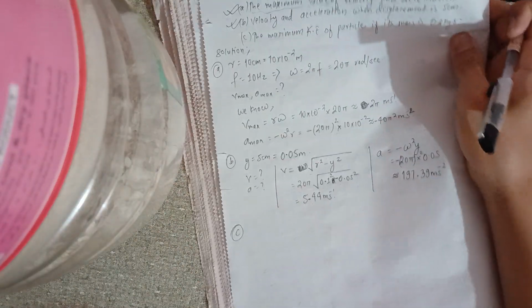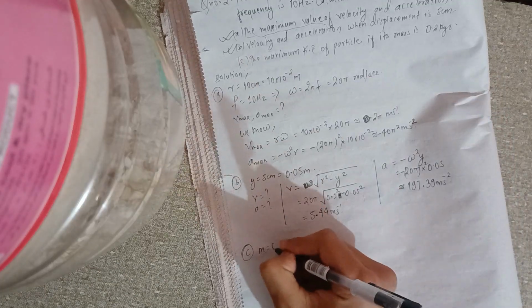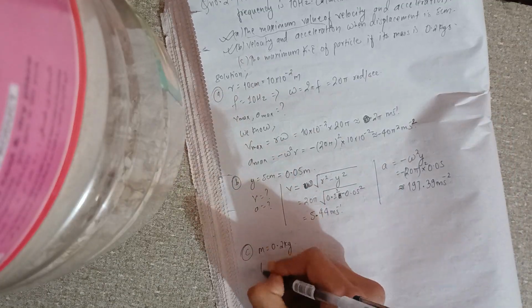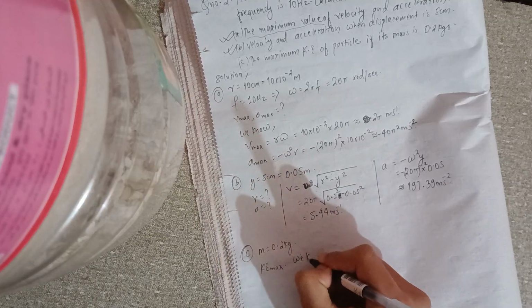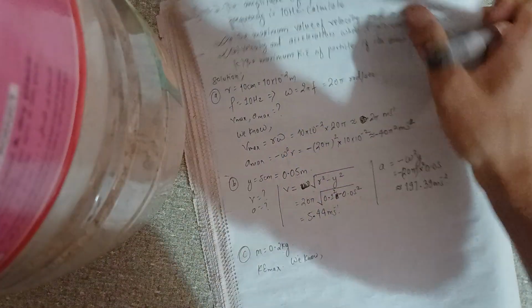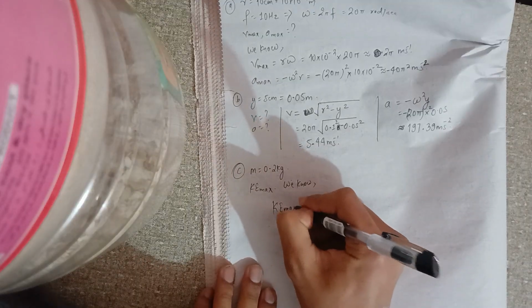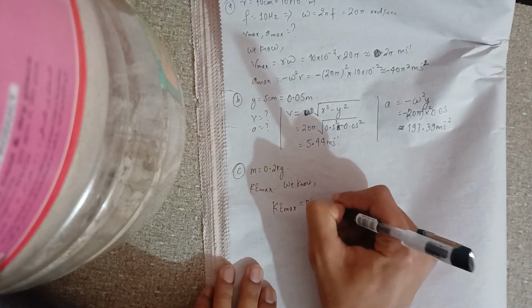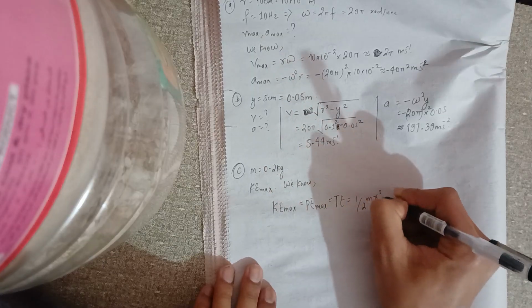The maximum kinetic energy of the particle if its mass is 0.2 kg. So the mass is 0.2 kg. We need to find KE max. We know that the KE max is equal to the PE max, which is equal to the total energy, 1 by 2 m r squared omega squared.